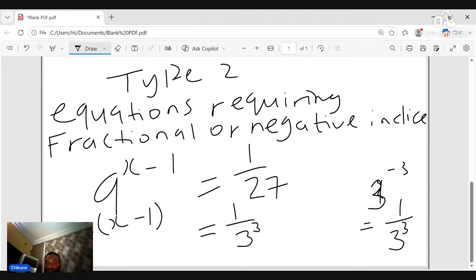This is what the inverse law says. So since we have this law already in our knowledge, we reverse 1 over 3 raised to power 3 back to 3 raised to power minus 3, so that we can easily cancel the bases.